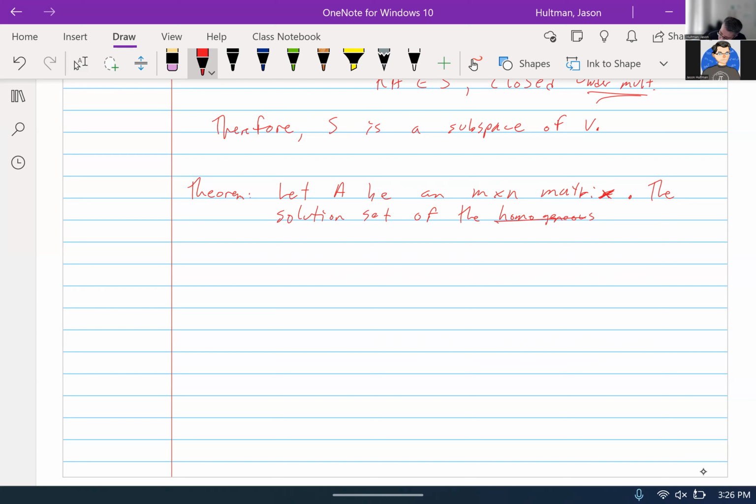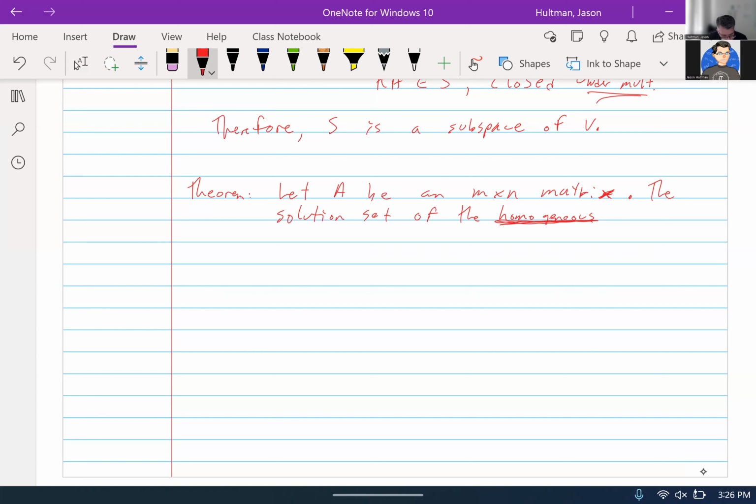Homogeneous is not really a new term. We talked about homogeneous when we were talking about differential equations. It's fairly similar, but we just want to talk about it with respect to these matrices. What does homogeneous mean? That's when I set my system equal to zeros.